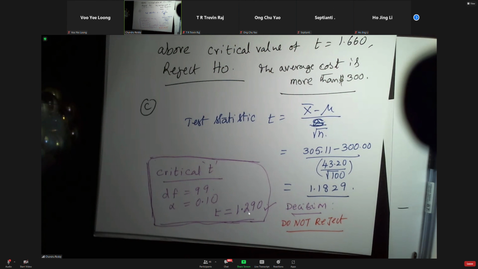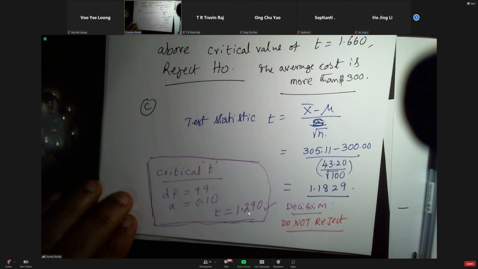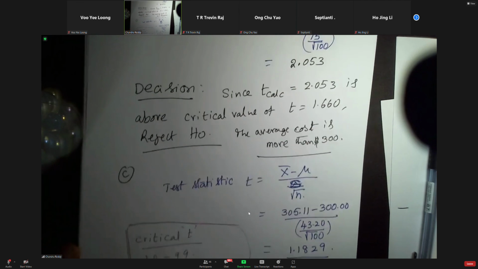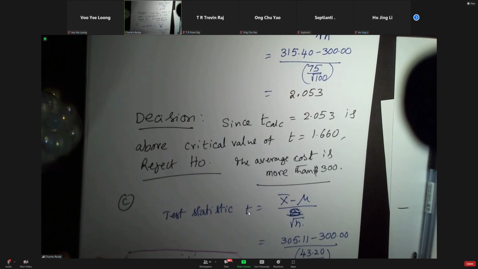Is that clear, guys? Yes, Sharmin, anything? How to get 1.29? For part B, somebody told me it is 1.660.